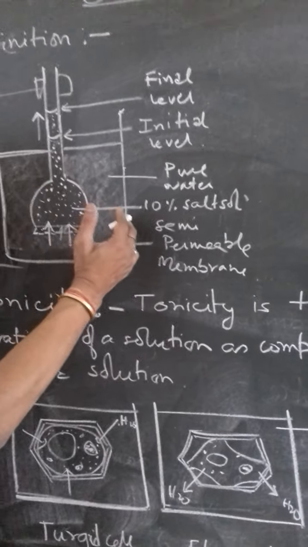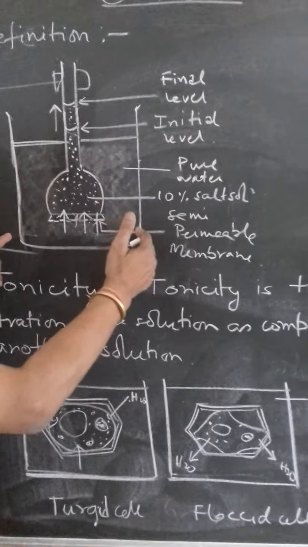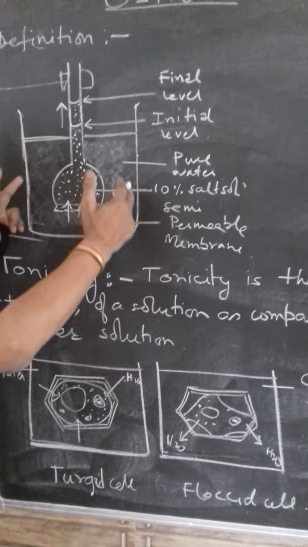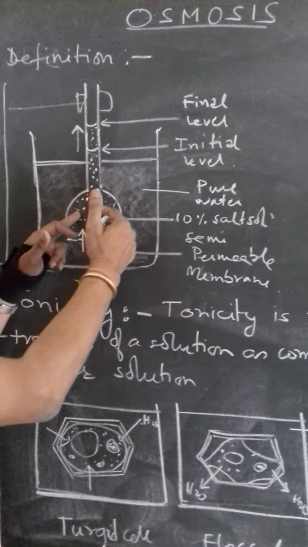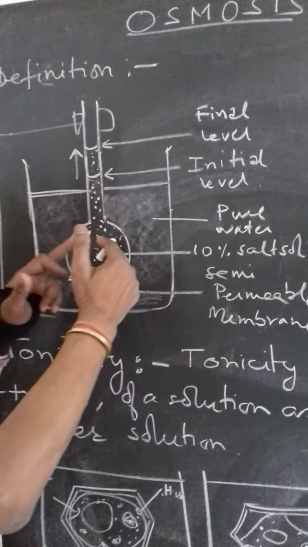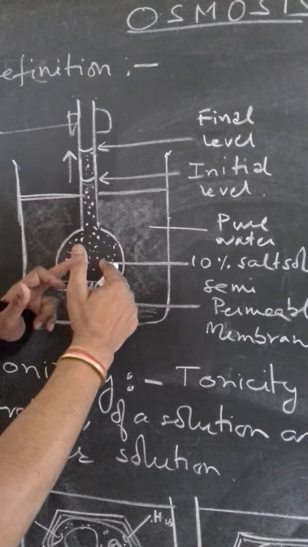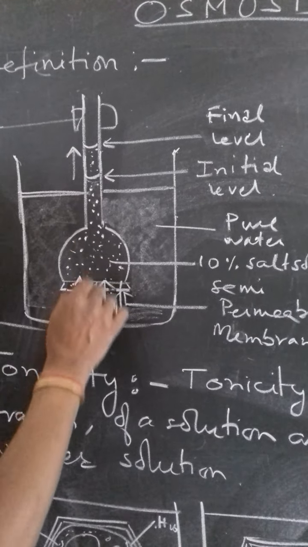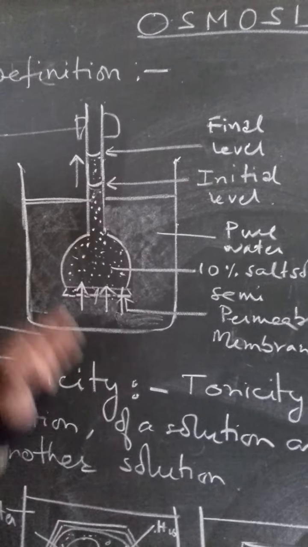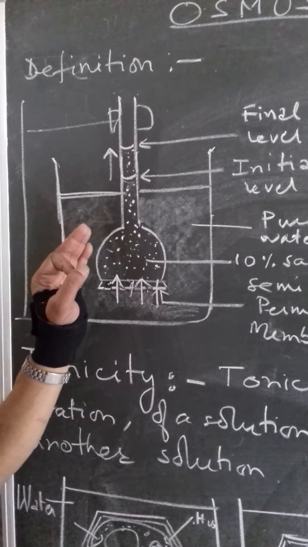Now suppose we consider the water in the beaker as soil water and this as the cell sap, the cell sap which is contained inside the cell. We see that the movement of the solvent takes place through the semi-permeable membrane. This is what osmosis is.